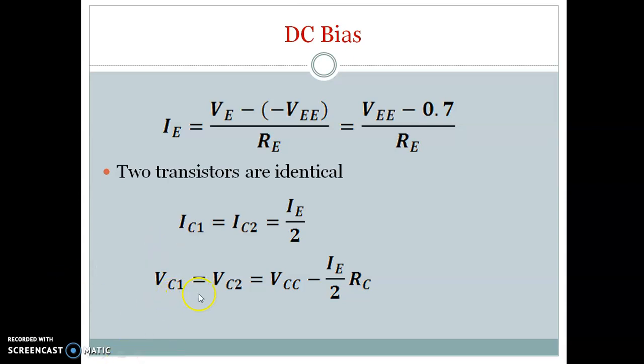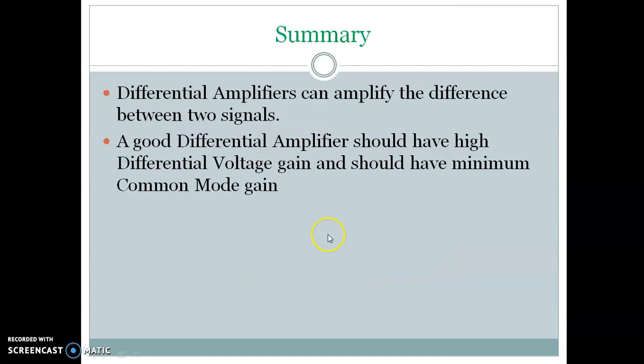Next, your VC1. VC1 will be equal to VCC minus IC1 RC, and IC1 is nothing but IE by 2. So this is your VC1, or VC2. From these equations you are clear that the transistor is biased in the active region.